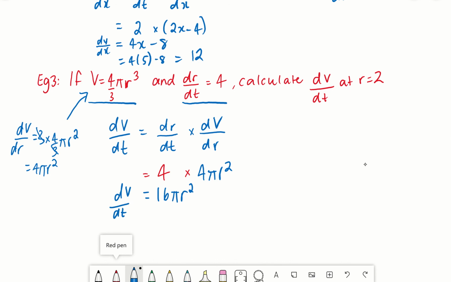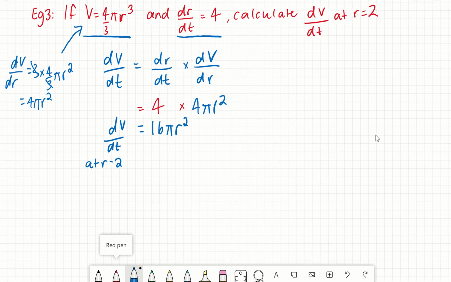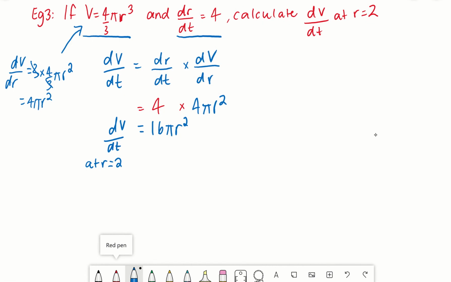And I want to know what it is at r equals 2, then dv on dt equals 16 pi lots of 2 squared, which gives me 16 timesing by 4 pi, which gives me 64 pi.